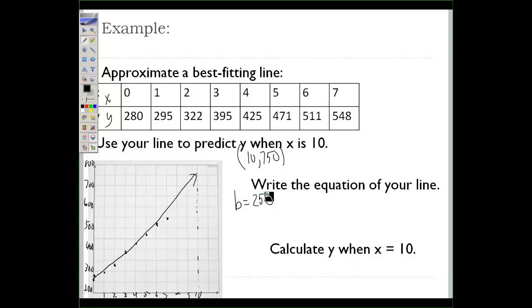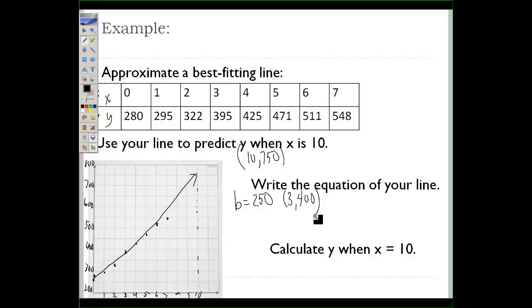And I also know that the coordinates, let's just use this one right here, 395 is on my graph. Actually, I'm just going to round it to 400 because it doesn't really have to be a data point, it just needs to be close for my line.